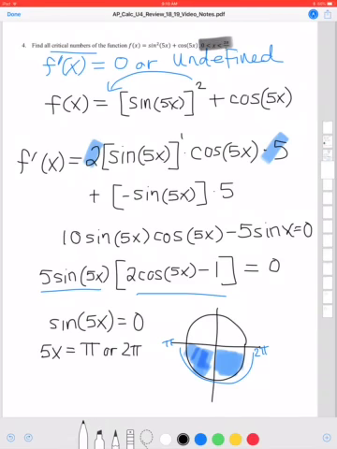So let's just make sure that happens. If we divide both sides by 5, we do in fact get pi over 5 or 2 pi over 5. Alright, so that looks good.